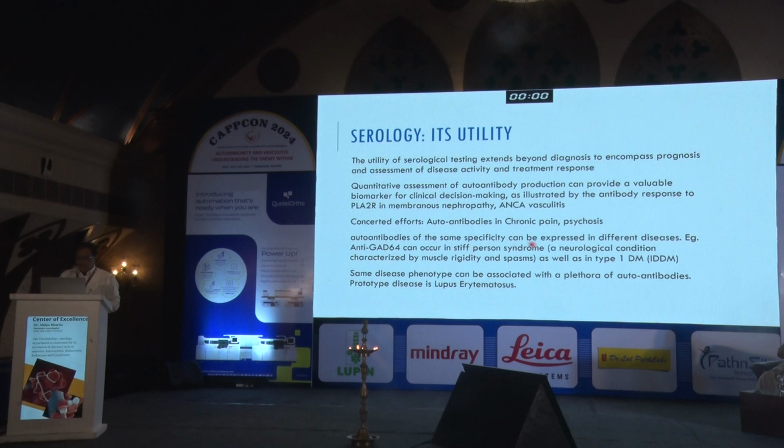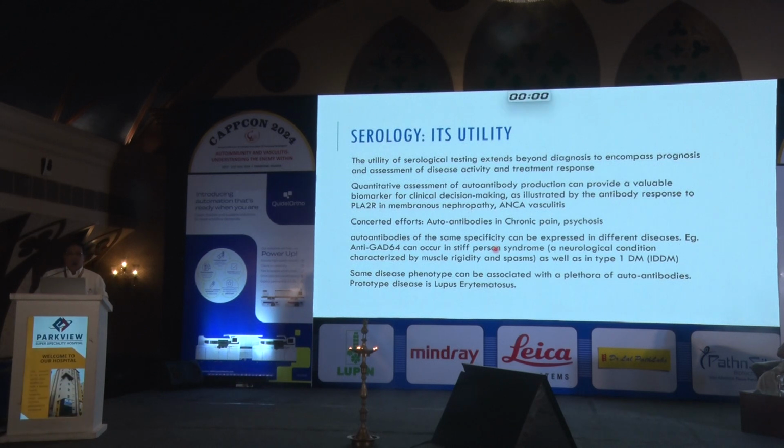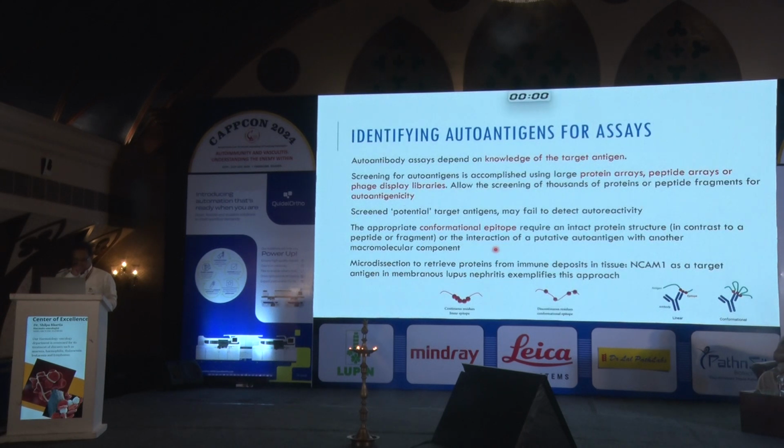Anti-GAD antibodies are seen in stiff person syndrome as well as diabetes mellitus. Why two different diseases with the same antibody? We don't understand. The same phenotype can also be associated with a plethora of autoantibodies, and the best example is lupus erythematosus, where you see so many antibodies and yet the disease phenotype is the same. We don't understand a lot of things about how it happens.